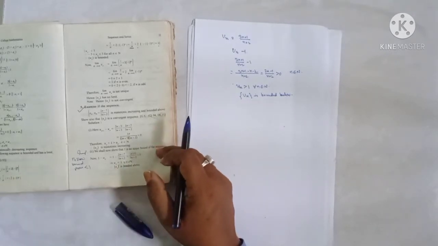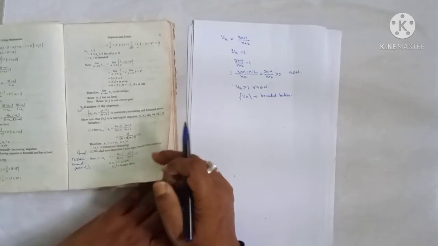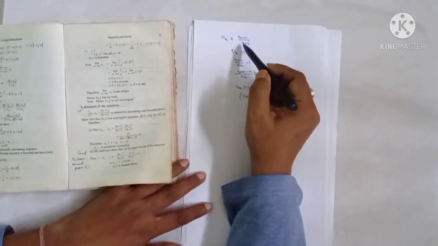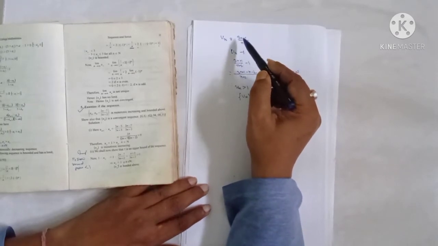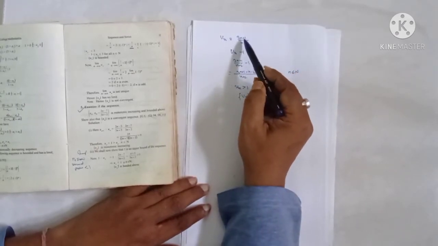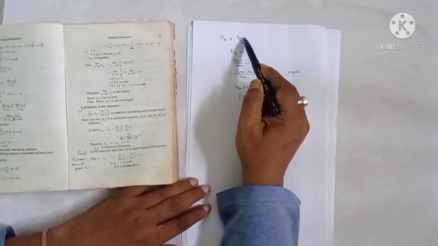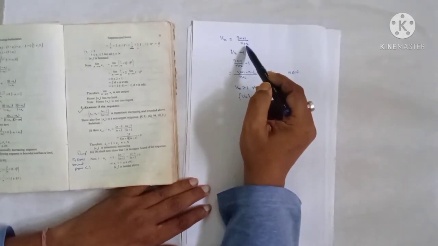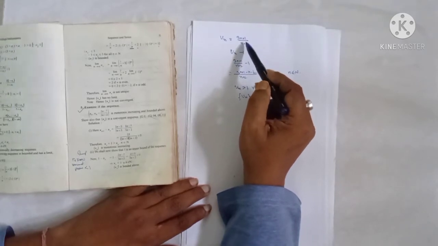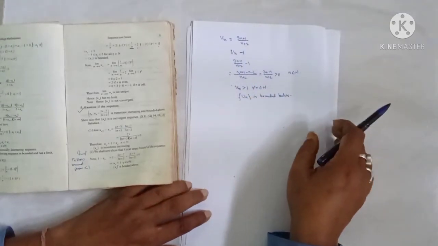Means it is an idea. From this idea, since n belongs to natural number, you can see that the numerator is greater than the denominator, or you can prove it.